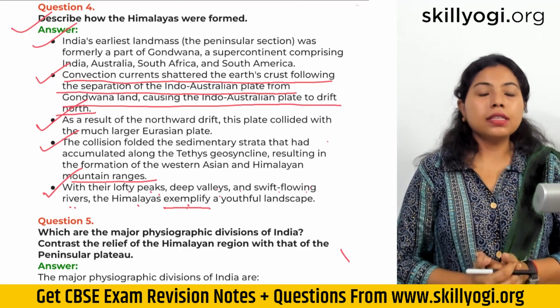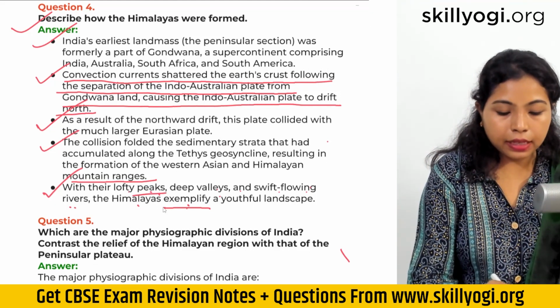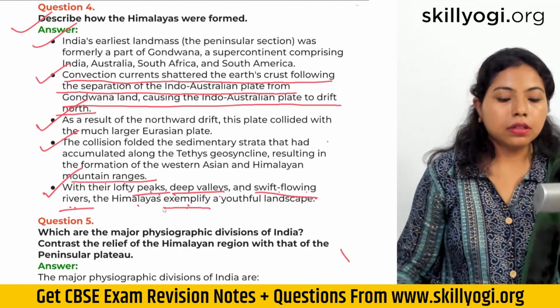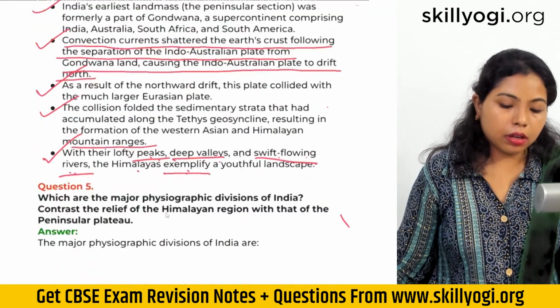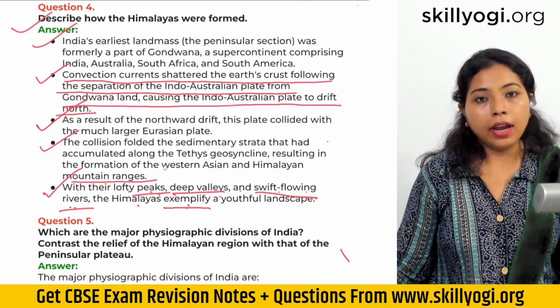So, the Himalayas have now become a youthful landscape with lofty peaks, deep valleys, and swift flowing rivers. So, that is the step-by-step explanation of how the Himalayas were formed.